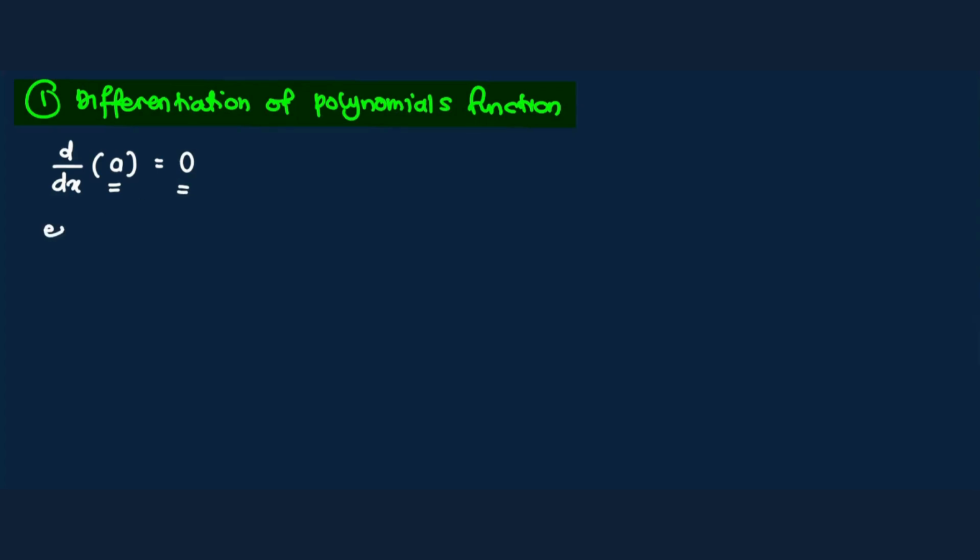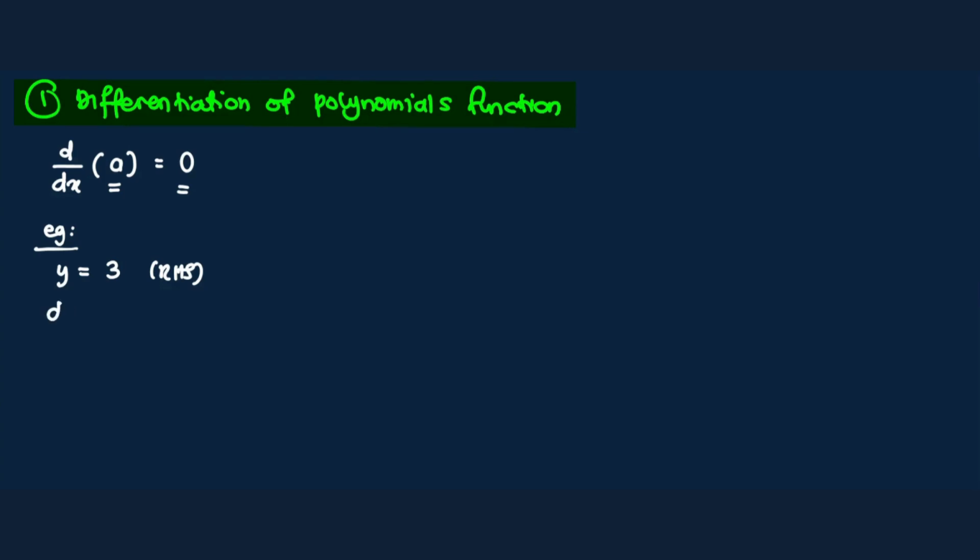For example, you have function y, which is equal to 3. As we know, differentiating function output y with respect to x means that your right hand side term must contain x. But in this case, you have no x on your right hand side.